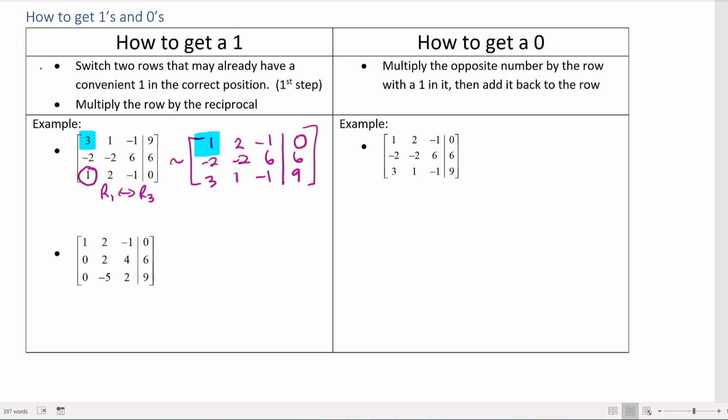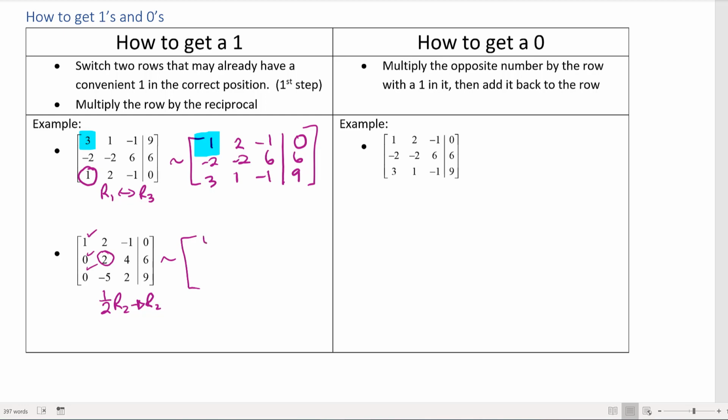The next way we can get a 1 is if we are trying to multiply the row by the reciprocal. Notice I already have a 1 in the upper left-hand corner. I have zeros below it. So the next thing I'm looking for is a 1 in the second row, second column. So to get a 1 there, I just take the reciprocal of 2, which is 1/2, times that row and put it back into that row.